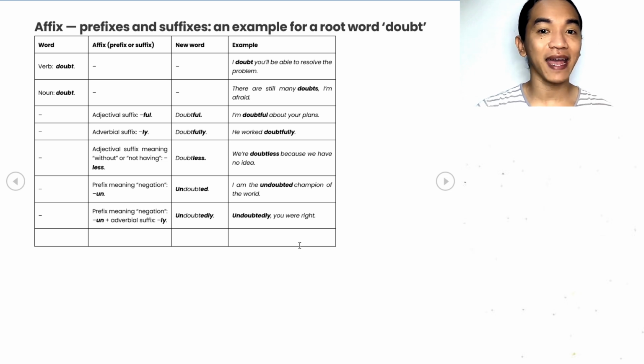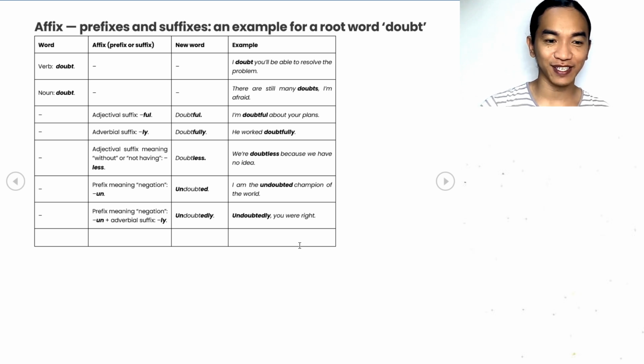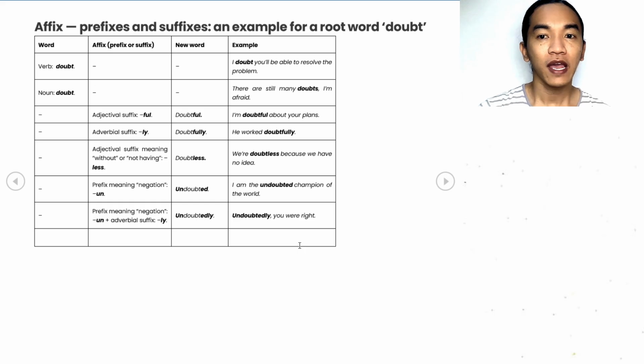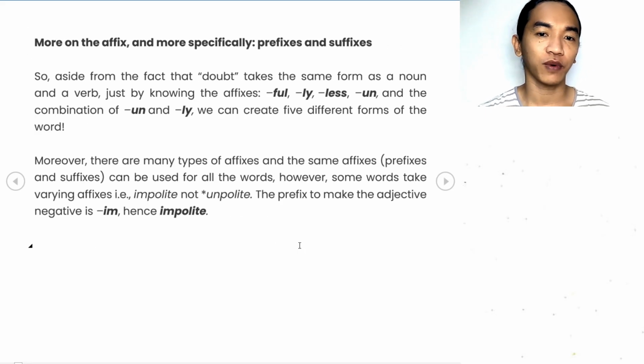So as you can see, by adding some prefixes and suffixes to our word doubt, we were able to create new words with new form and meaning. Moving forward.